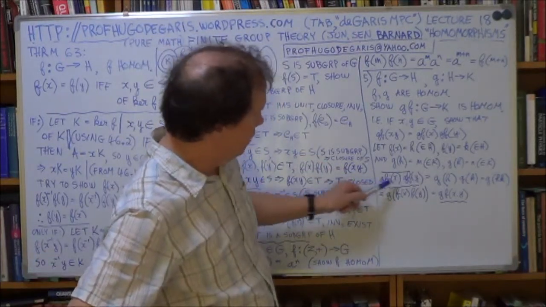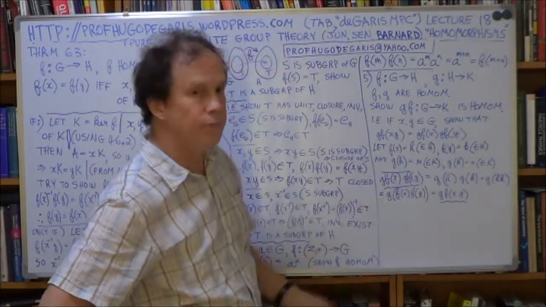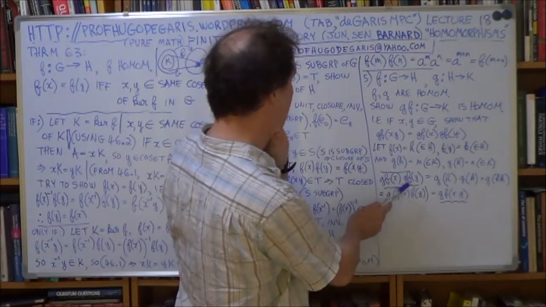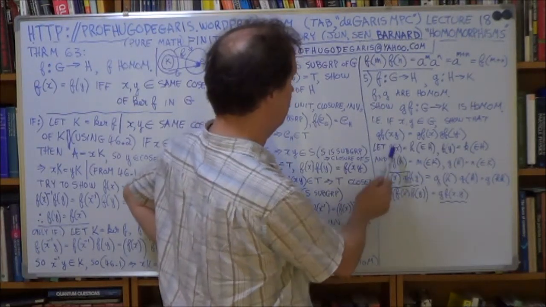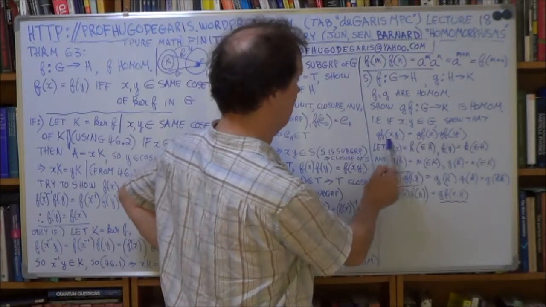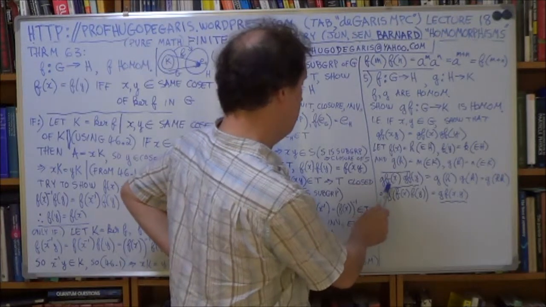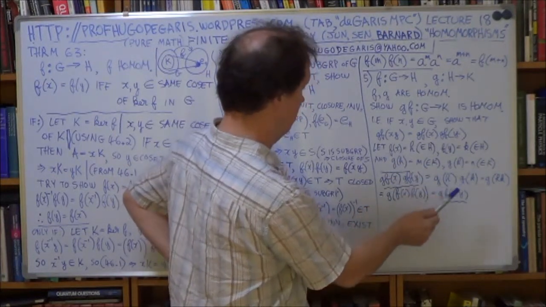Now we can start rewriting. We're trying to show that gf of x times gf of y is equal to gf of xy. If we can do that, we've proved it. So gf of x times gf of y is what?